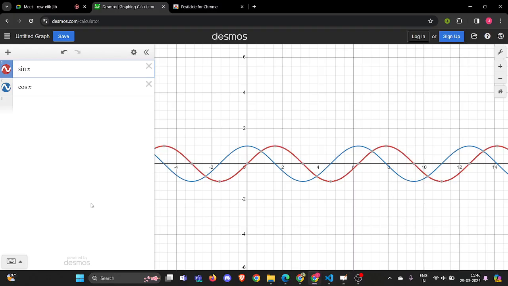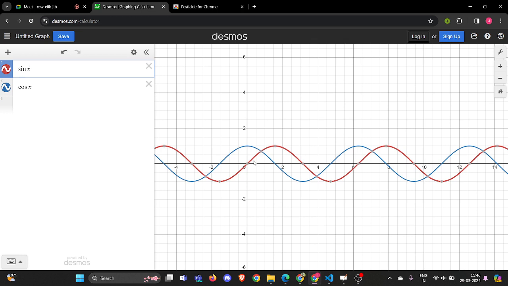Basically, both are the same nature of graph. Just one is shifted towards the right. There's a more detailed explanation. It says cos leads sine by 90 and sine lags cos by 90. Yeah, you can say that, but it's not that it lags, it's not like it's greater.